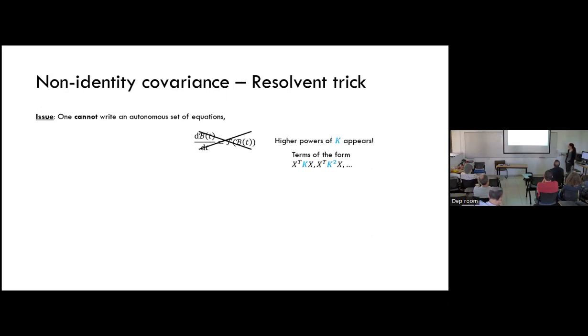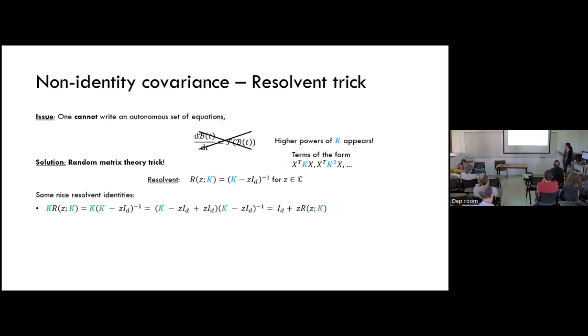The idea that we take from random matrix theory is to use the resolvent. What does that help with? Let's state a few nice properties of resolvents. One property is that if you multiply the resolvent by the matrix itself, you get back the resolvent.